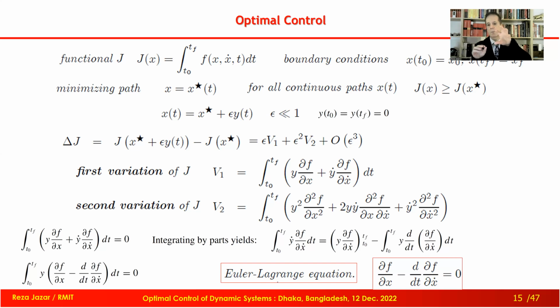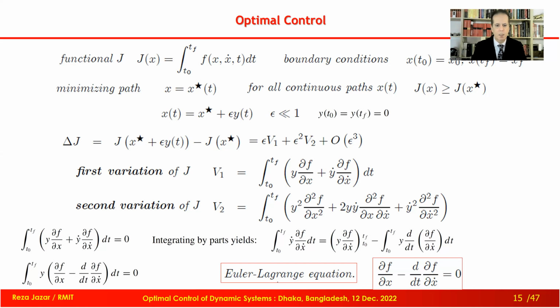Perturbation means we have something big, I'm talking about a variable, and we add a very small, tiny one with the same characteristic as the main variable. If it is time, we add a very small time, or whatever x is.